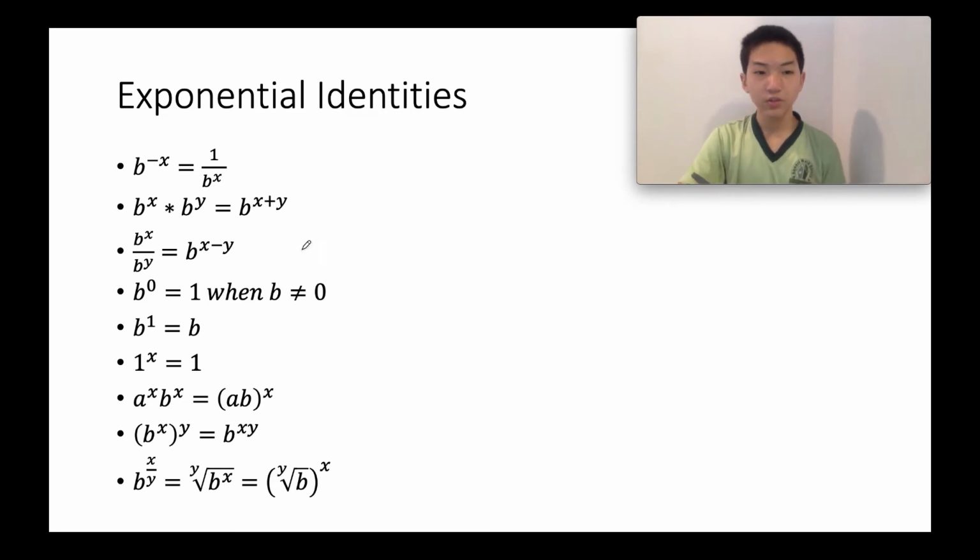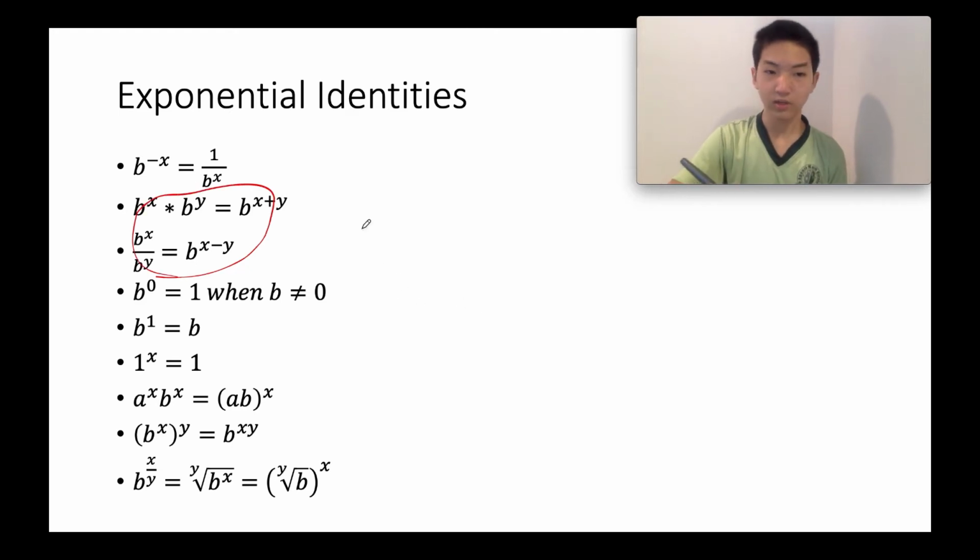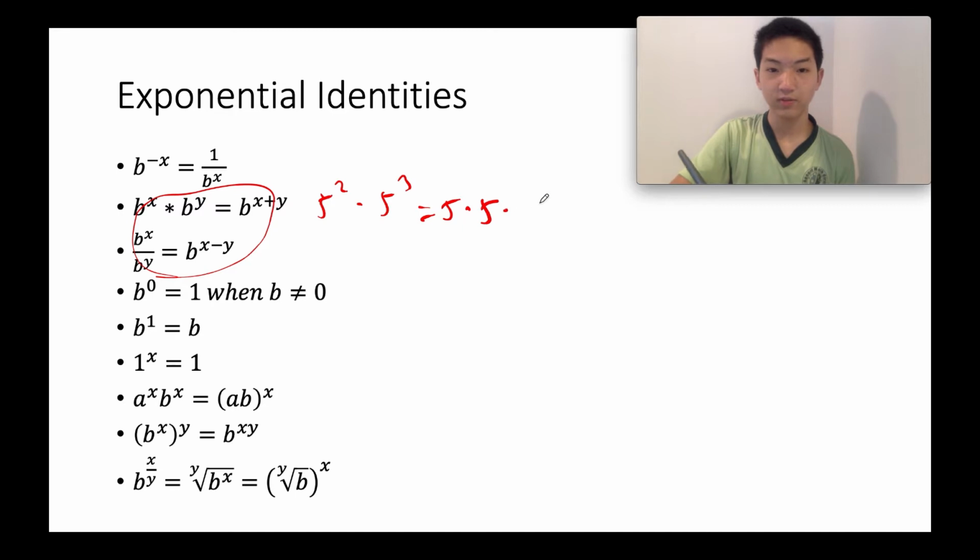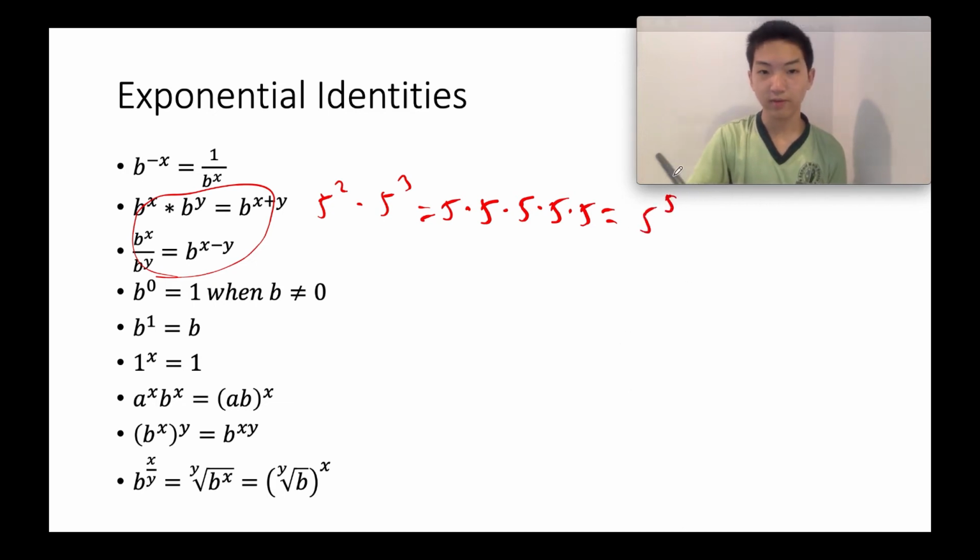So for these two identities here, if you just think about them, it's quite obvious to see why they work. If you had, say, 5 squared times 5 cubed, well, another way to write that would be 5 times 5 times 5 times 5 times 5, and that'd be equal to 5 multiplied by itself 5 times, which is what 5 to the 5th is.